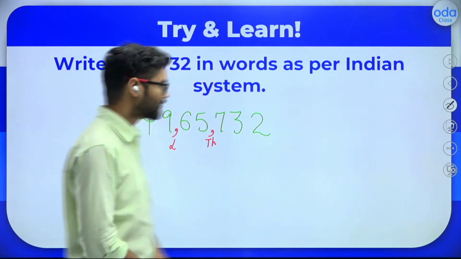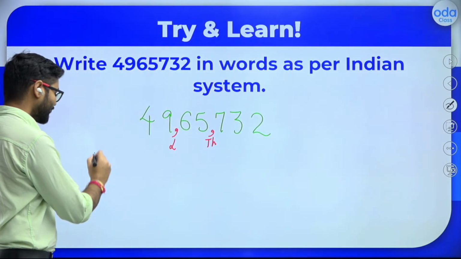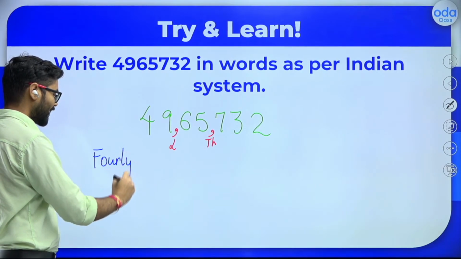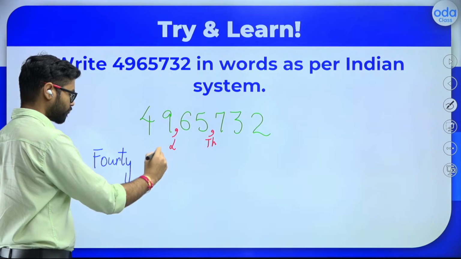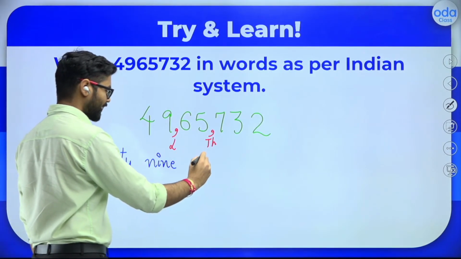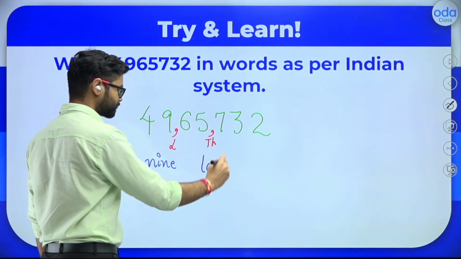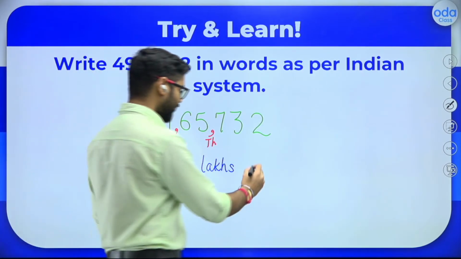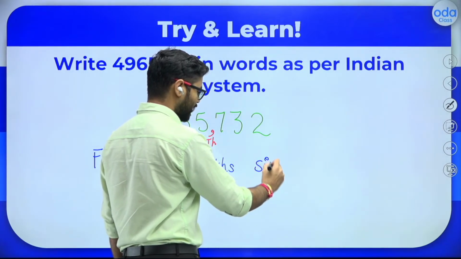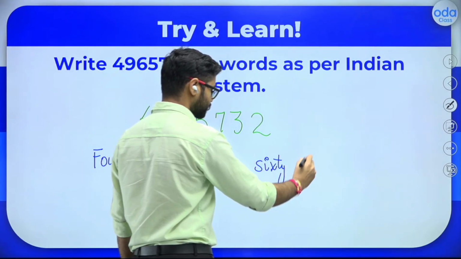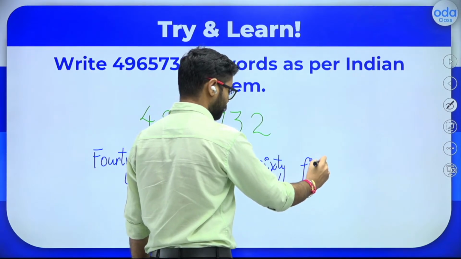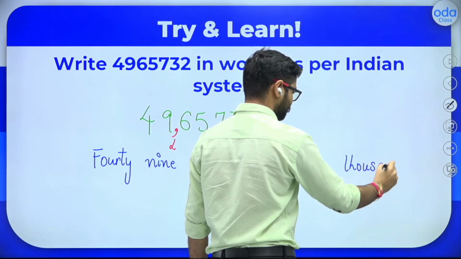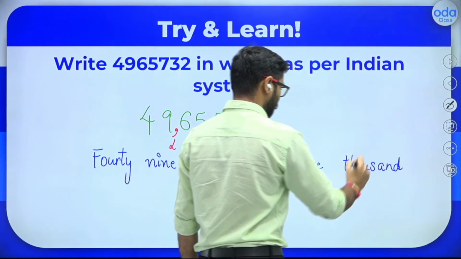Let's see how we can do that. This number will become 49 lakhs. And then we have 65 thousand.